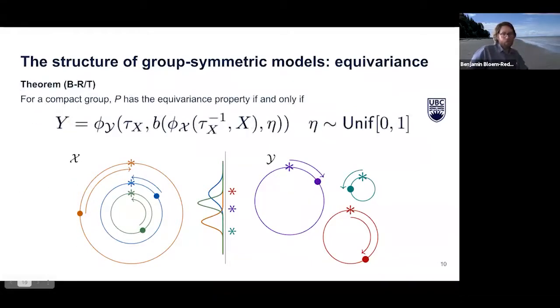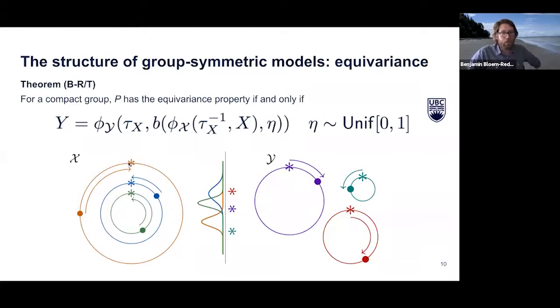Okay, so in math, you can show that our conditional distribution P has this equivariance property if and only if it can be obtained as follows. So we need to unpack this. There's a couple of function compositions here, but this function tau is exactly what I said before. So it maps x to its orbit representative.